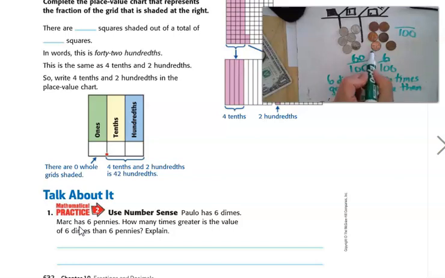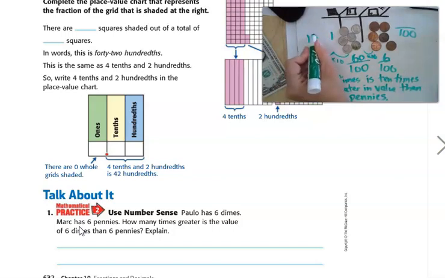Each time you move up a place value, you increase your value by 10. If I go from the tenths to the whole, that is also increasing by 10. Just like if I were going from 1 to the tens place, that would increase by 10. So it's always moving to the left, I'm increasing by 10. And that's how that works with the place value.